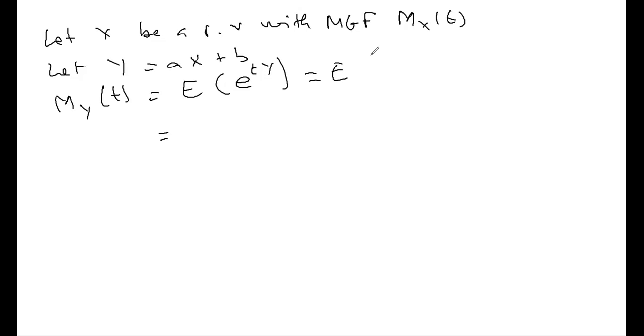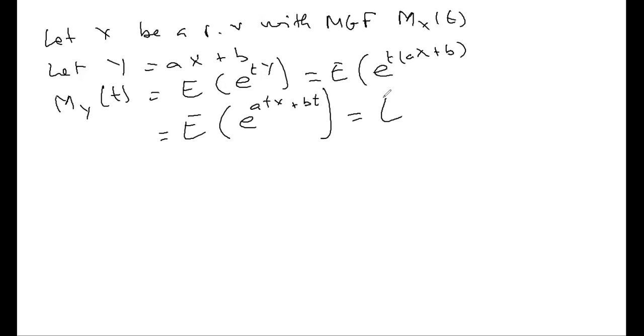Let's write it as E of e^(t(aX plus b)), which is E of e^(atX plus bt), which is equal to E of e^(atX) times e^(bt). Is that right?